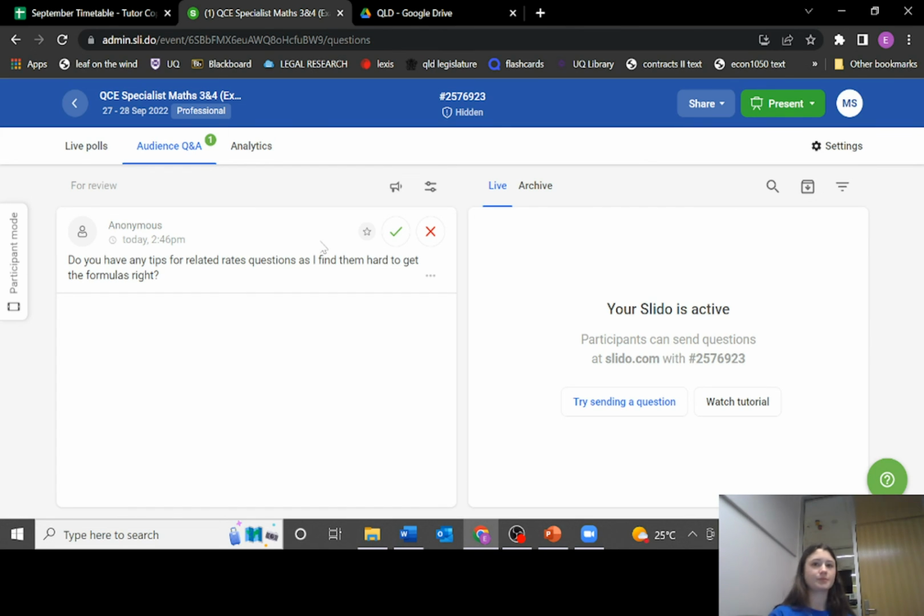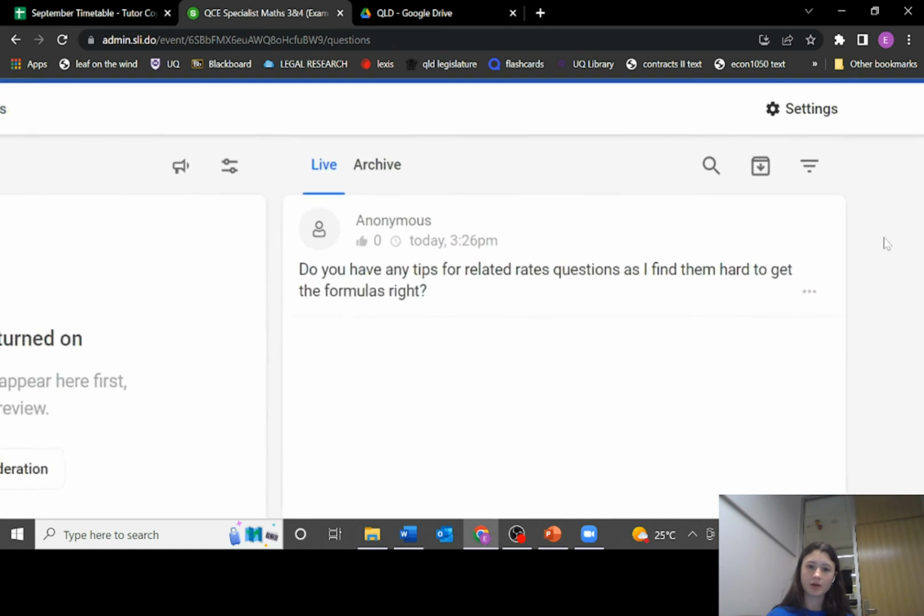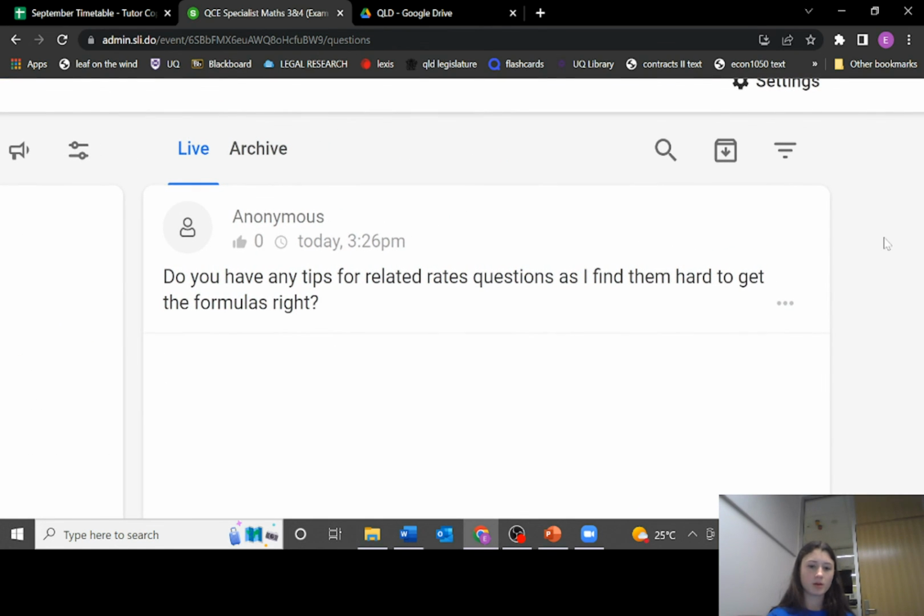For those ones, as I said before, what I would consider doing is writing down the formulas on your formula sheet, writing down the properties of the shape that you're working with, and making sure that you're considering what rate you actually need, and expressing that in terms of a differential equation. What rate you actually need, and then writing the chain rule to get that.